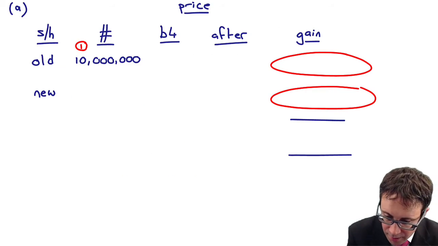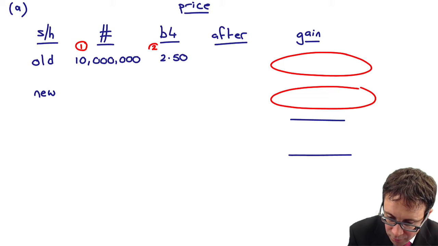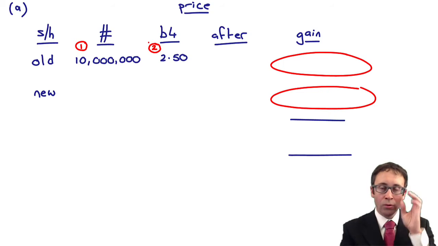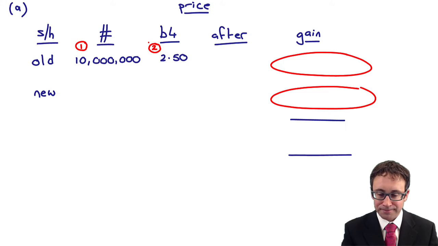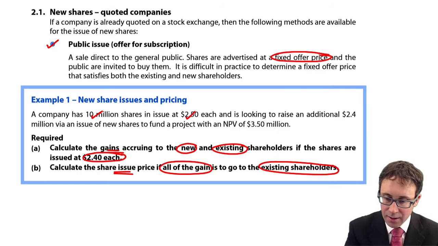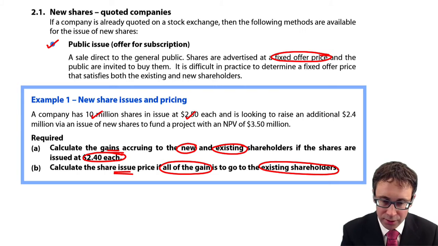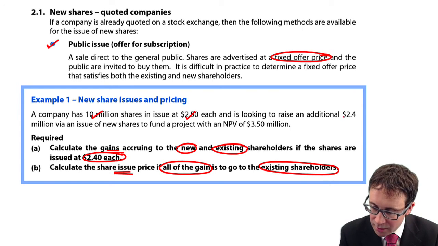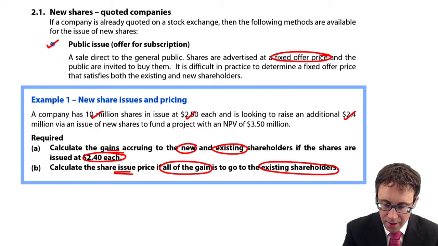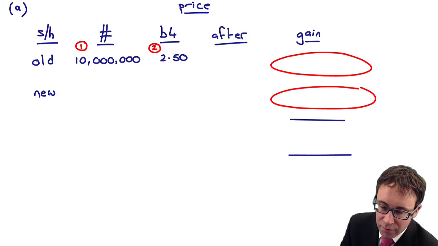So we can put in there $2.50. So that's the price before to the old shareholders. What we then need to do is read the rest of the question. It says, and is looking to raise an additional $2.4 million. So that's the funds.